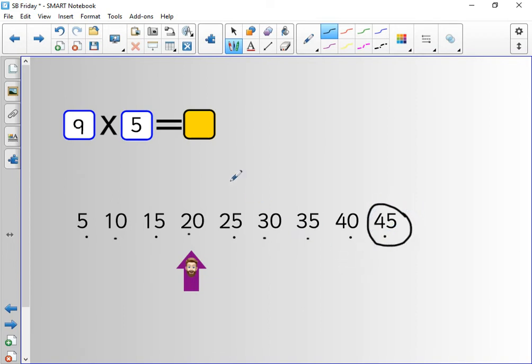There's my 9 5s. So the answer is 45. And again, you could draw an array. So you would draw 5 counters and you do that 9 times to work out the answer if you needed to.